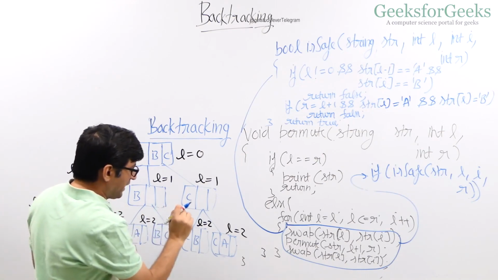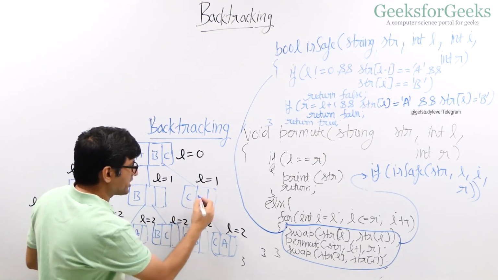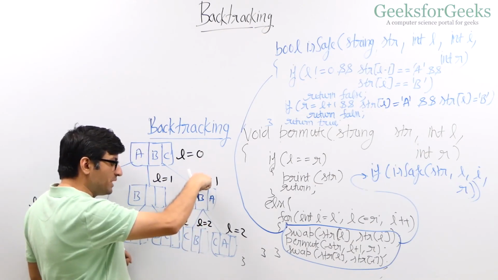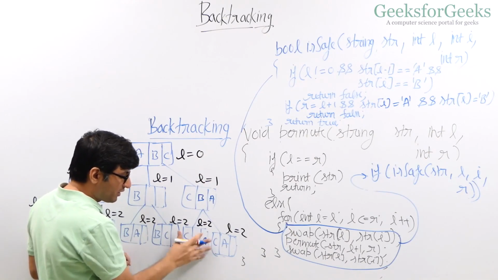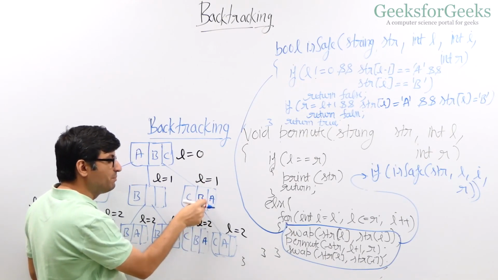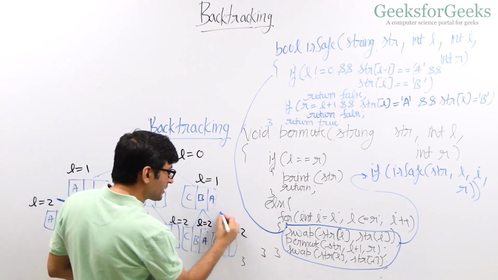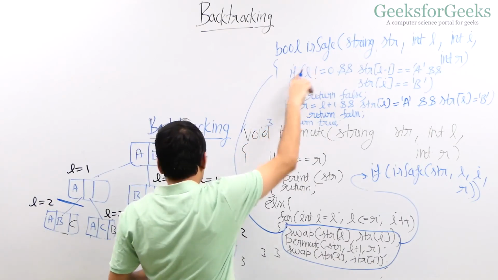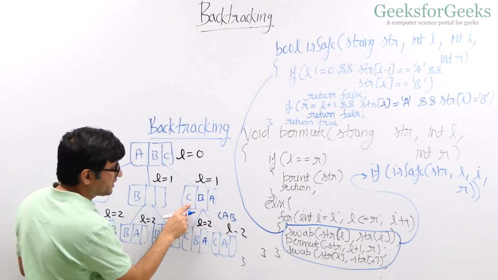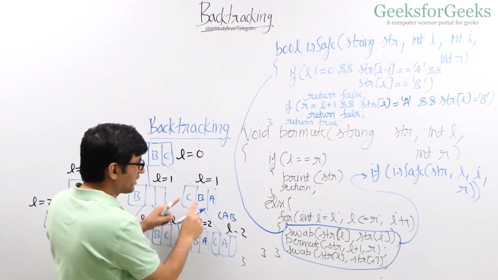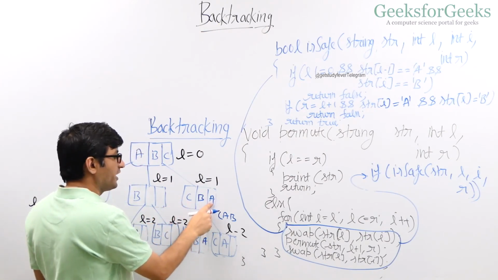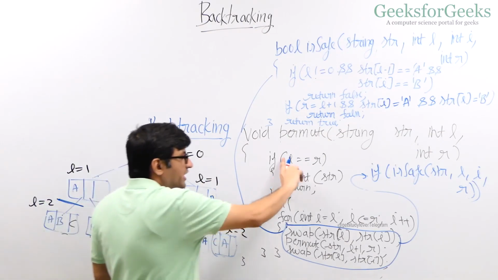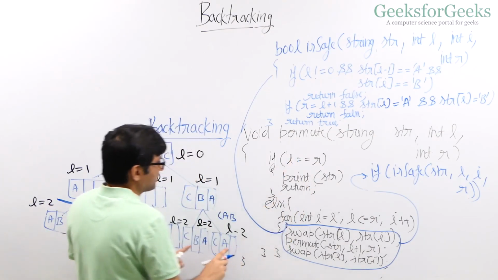But it does not handle one case, when your string is CBA. Here your string was CBA. You first swap B with B, you get CBA as an output in this recursive call. Then when you swap B with A, this string becomes CAB. And this condition is not caught by this part because the character at L minus 1 is C and the current character with which you are going to swap is A. So you go inside the if, you do the swap, and when CAB comes, you don't check any condition here, you print CAB, which is not a valid string.